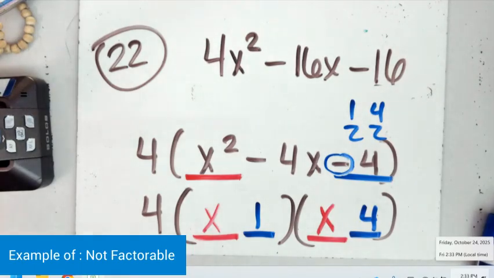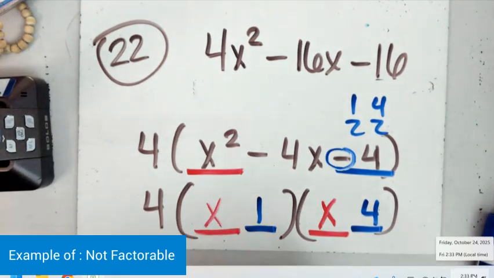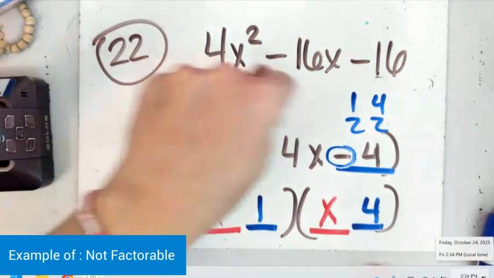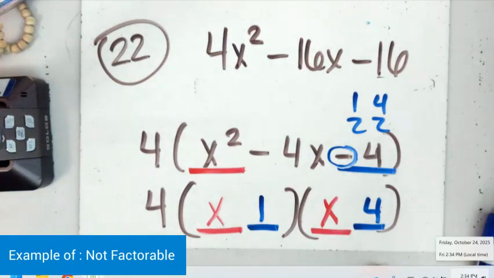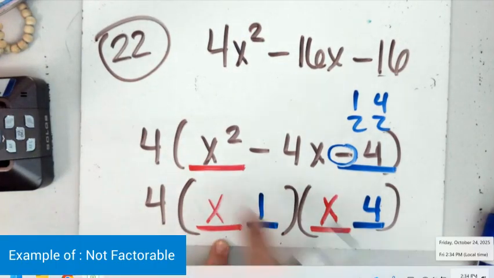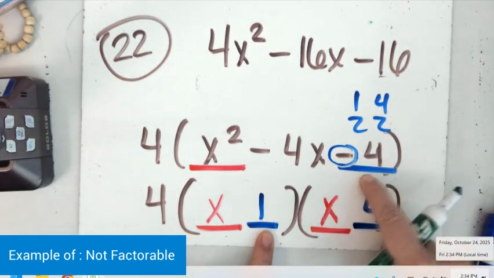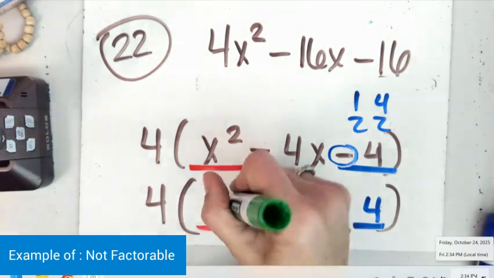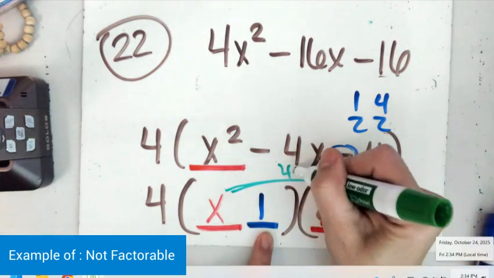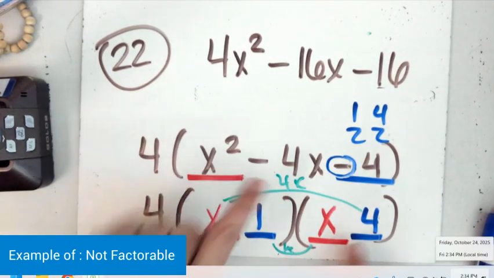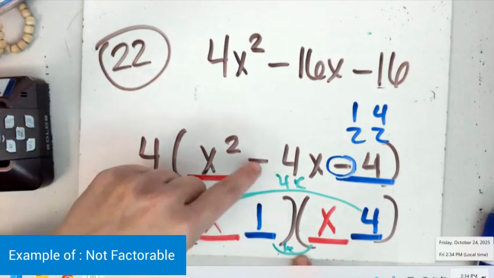Can all of you listen right now? Because something happens in this one that you haven't seen. So number 22, we started out with this trinomial. We took out a factor of 4 because you could. X squared can only be x and x, and now we're trying the 4. So I'm trying 1 and 4. So x times 4 is 4x. 1 times x is 1x. Because we haven't added signs yet, can this give me negative 4x?